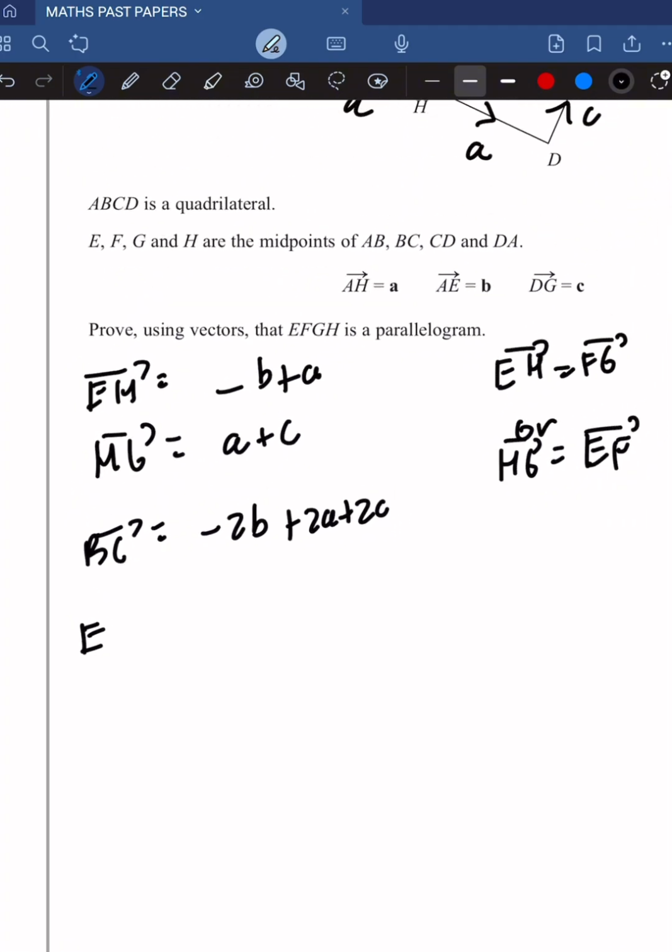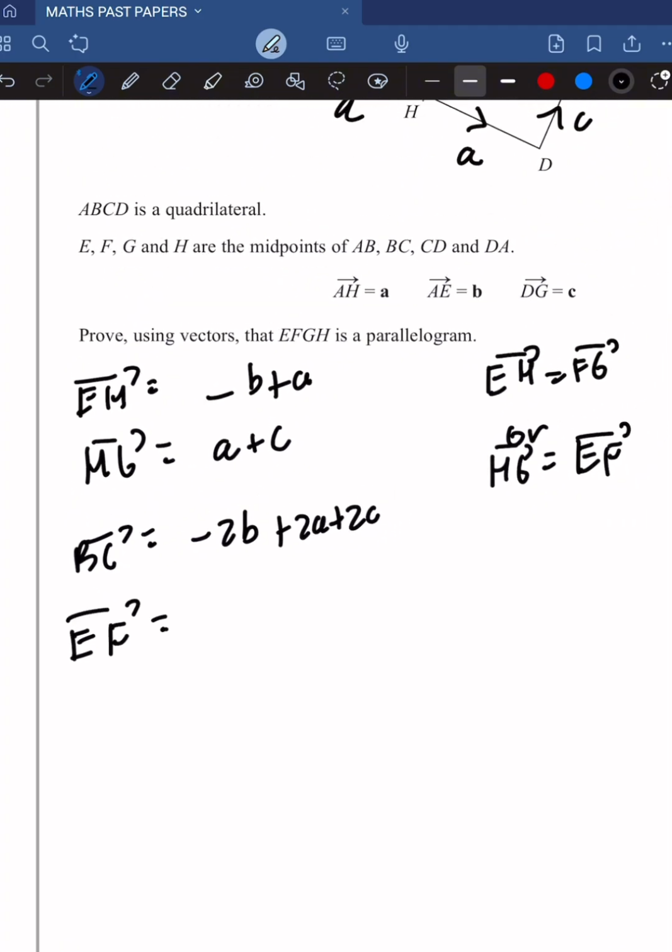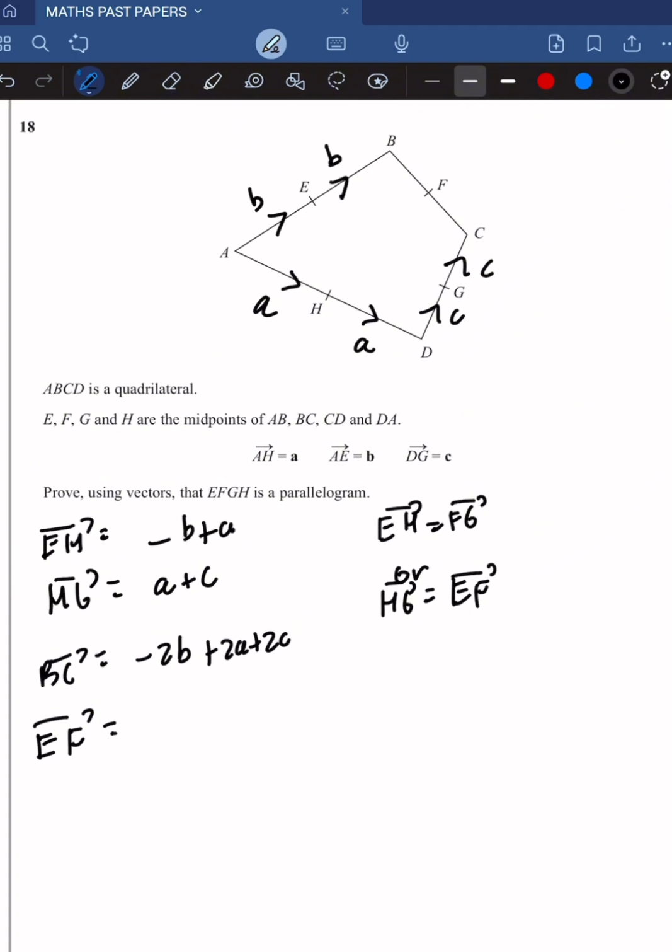So to go from E to F, and F is a midpoint, right? So E to F means that we're going to go b plus half of BC. Instead of writing it all out, we can just do b plus minus b plus a plus c, which is of course a plus c, if we cancel out.